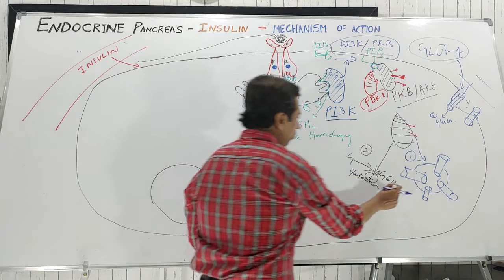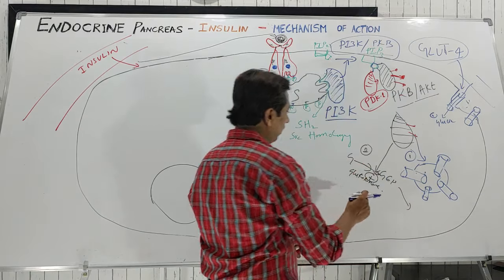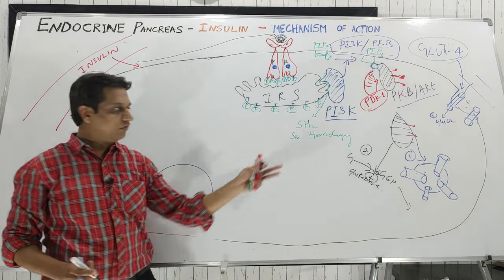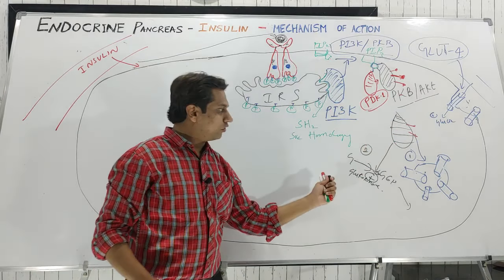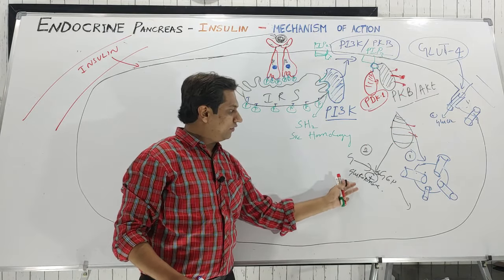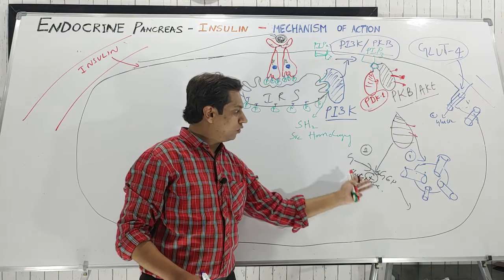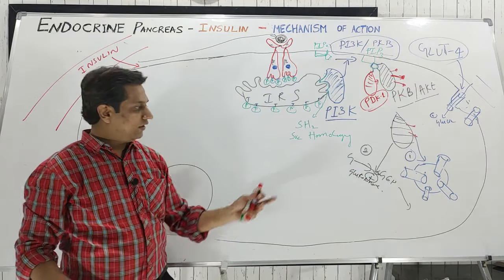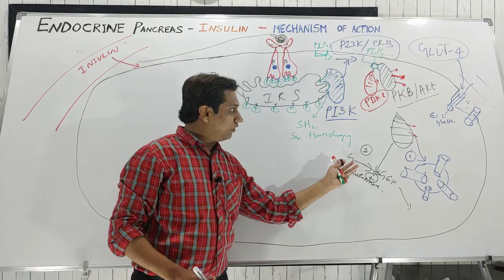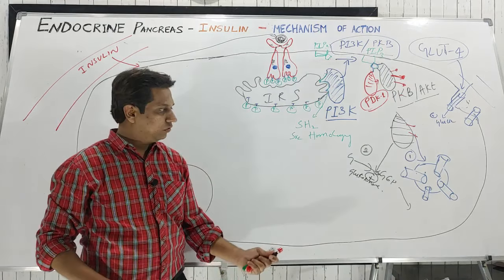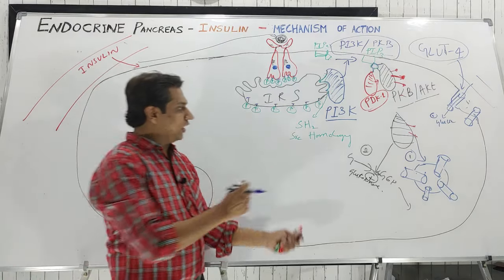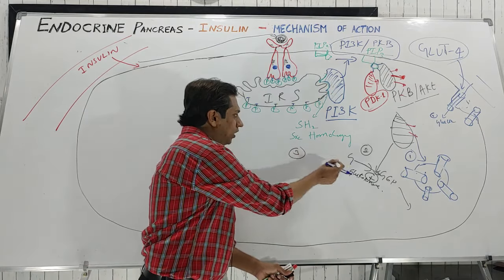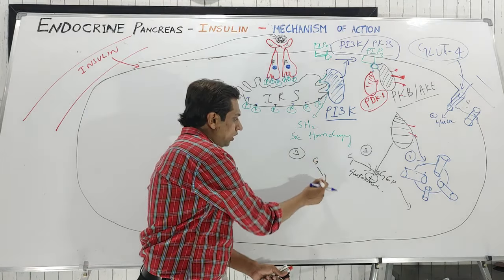Ultimately pyruvate is formed, and from that ATP is released, that is glucose utilization. So the first action of protein kinase B or AKT is glucose uptake. The second action is to convert glucose to ATP, increasing utilization of glucose inside the cell. Now it will also convert glucose into glycogen.